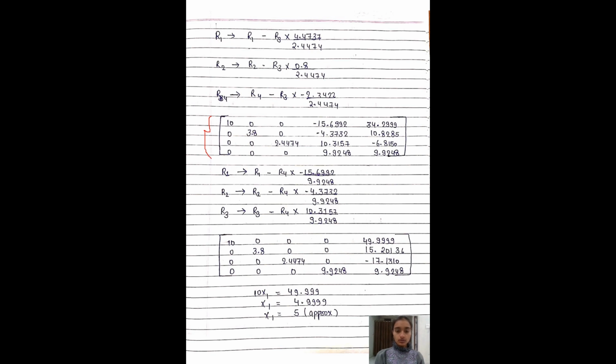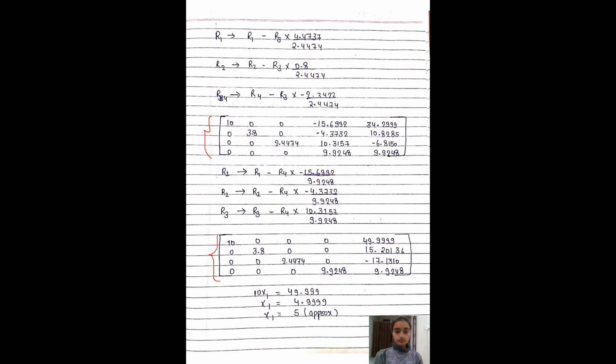But not all the off-diagonal elements are zero, so again we have to perform some operations. Similarly, R1 is R1 minus R4 multiplied by minus 15.6992 divided by 9.9248. R2 is R2 minus R4 multiplied by minus 4.3732 divided by 9.9248. And R3 is R3 minus R4 multiplied by 10.3157 divided by 9.9248. After applying all these operations, we got the diagonal matrix.